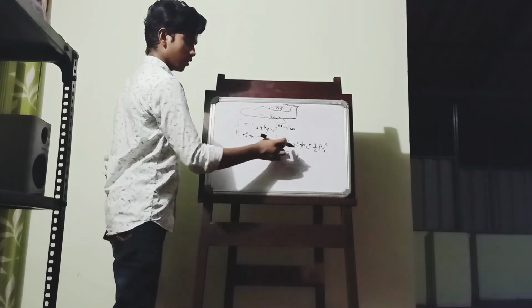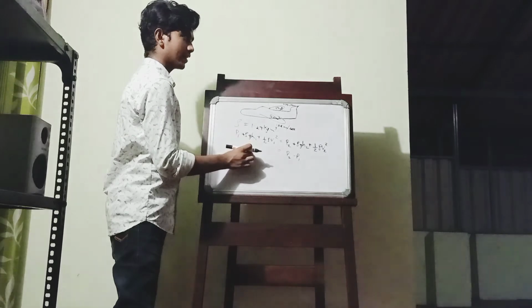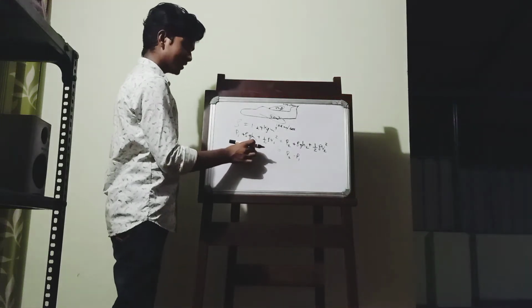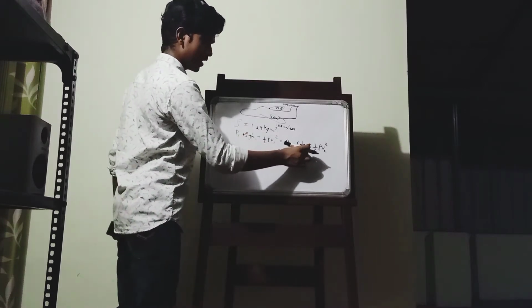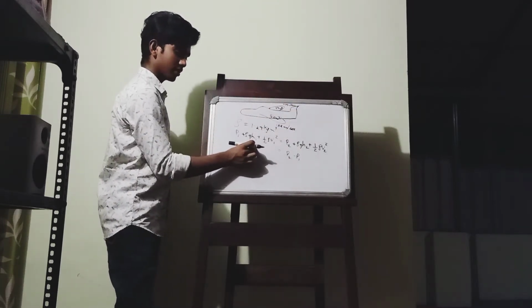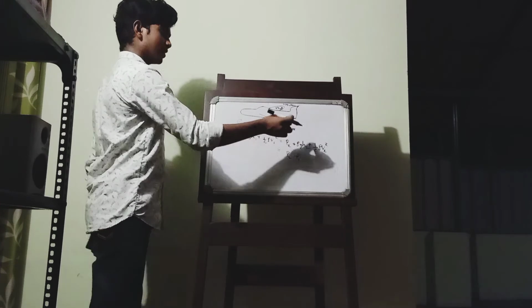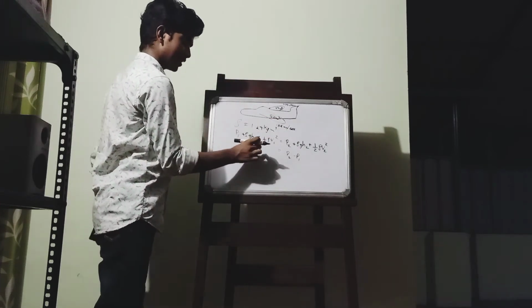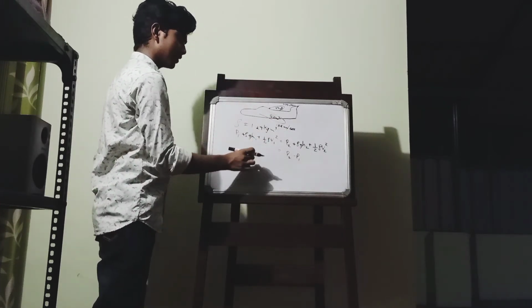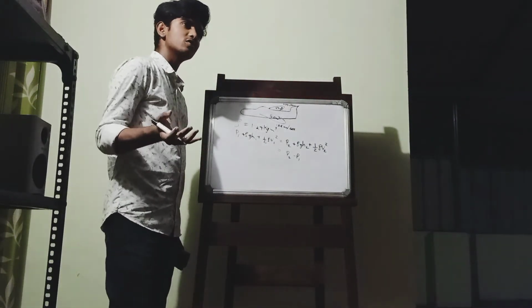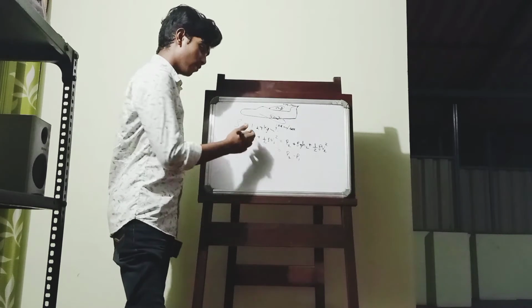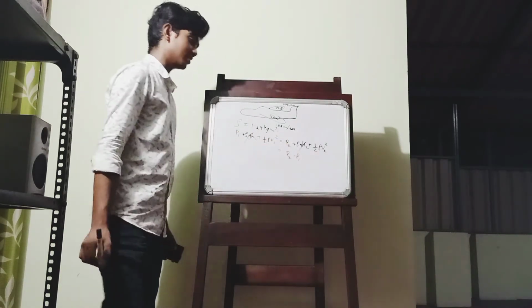If this is 980 and this also has 980, then this plus 980 and this minus 980, both these terms get cancelled. So we don't want that many procedures to do, and we can cut it right here.